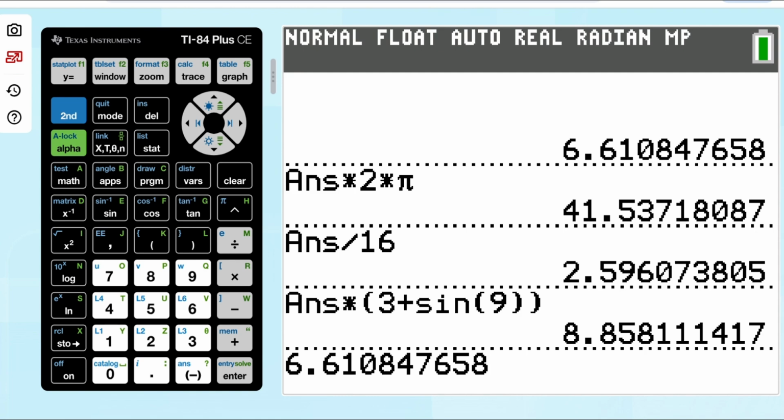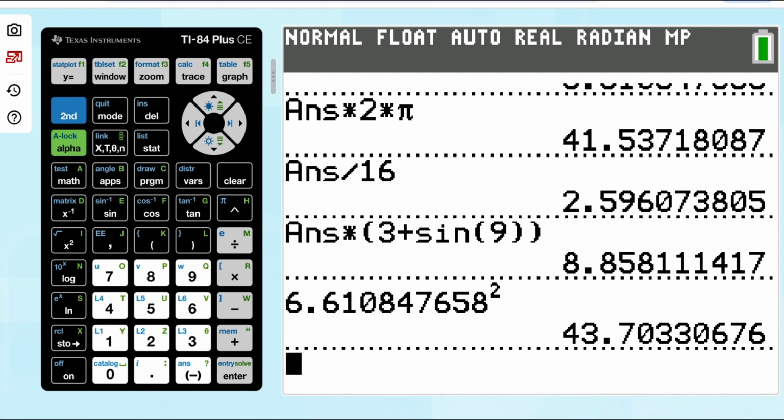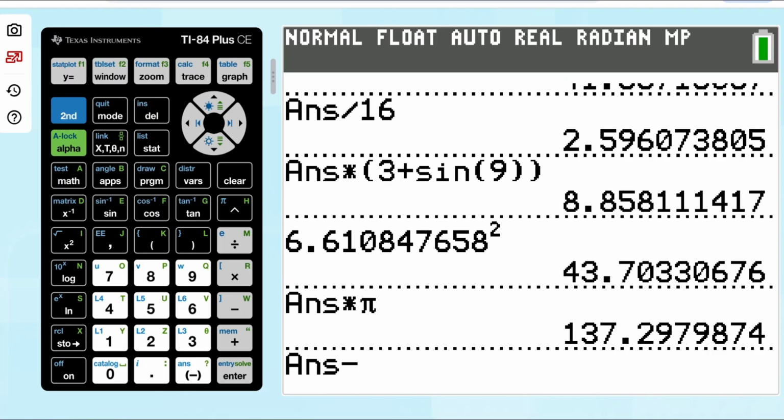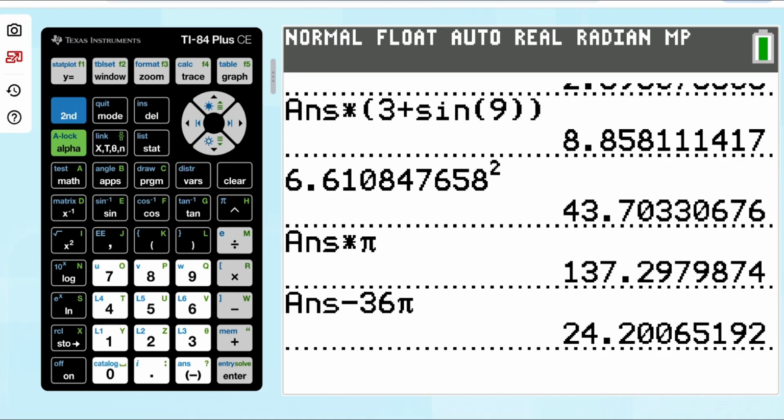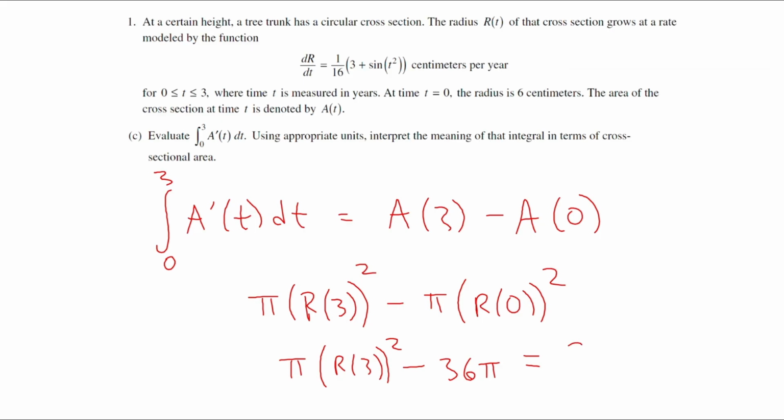So we'll do that squared times pi, and then we'll subtract 36 pi from that, and looks like that gives us 24.201. And this is area in centimeters, so it's centimeters squared.